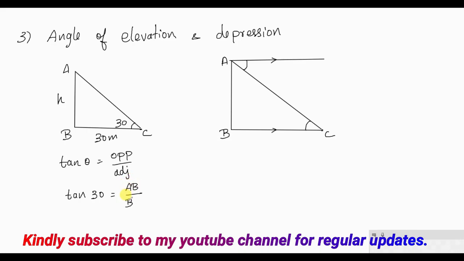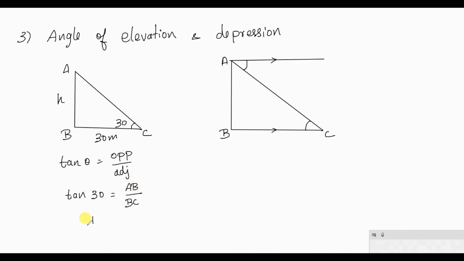Now tan 30 value we all know, which is 1 by root 3, equal to, opposite side I have taken as h, by adjacent is 30. So when we cross multiply here, we will get h is equal to 30 divided by root 3. We all know root 3 value is equal to 1.732. But if we substitute the decimal value in the denominator, it will be difficult for us to calculate. So we will rationalize here.